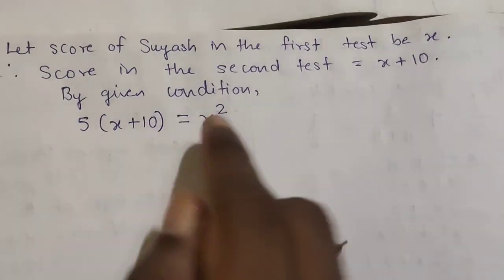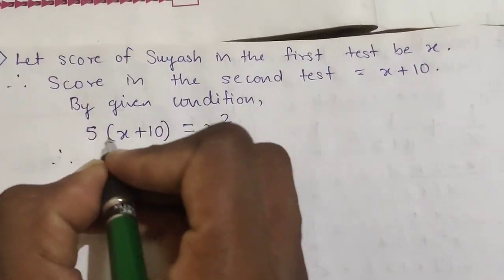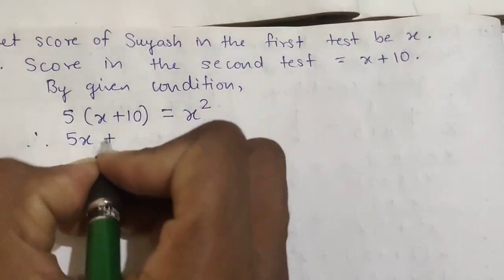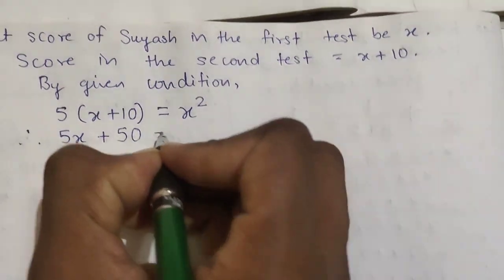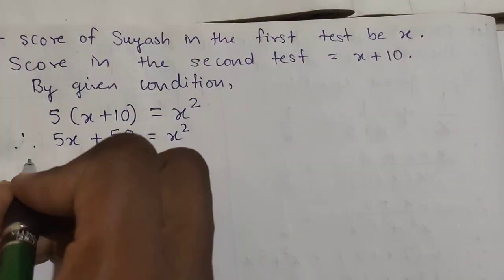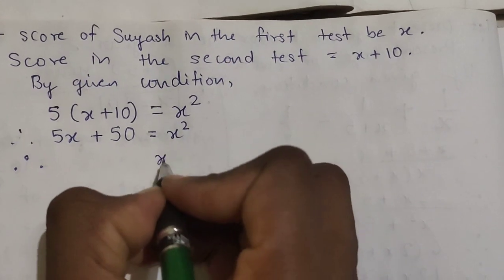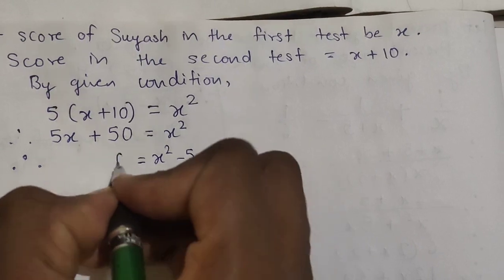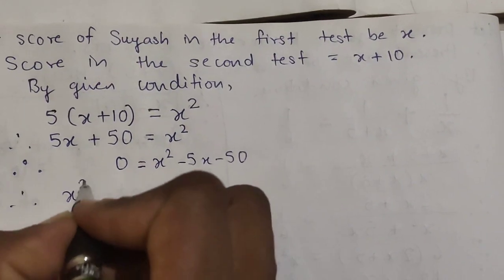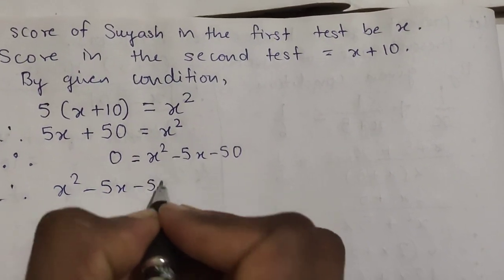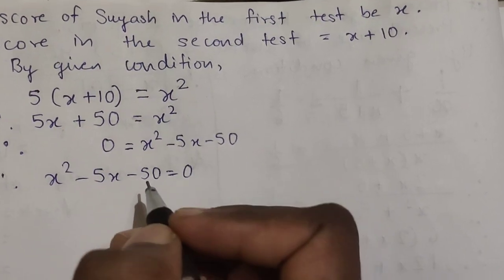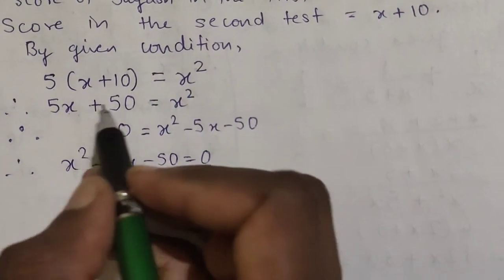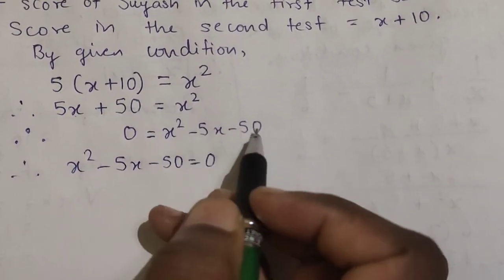Now you need to make it quadratic. So if you do simplification, you are going to get here 5x plus 50 is equal to x square. Now transfer all the terms to the right hand side so that 0 remains. So you can have x square minus 5x minus 50 equal to 0. Understood now? Same way, just like we did in the previous one, we have transferred these so that both become negative.